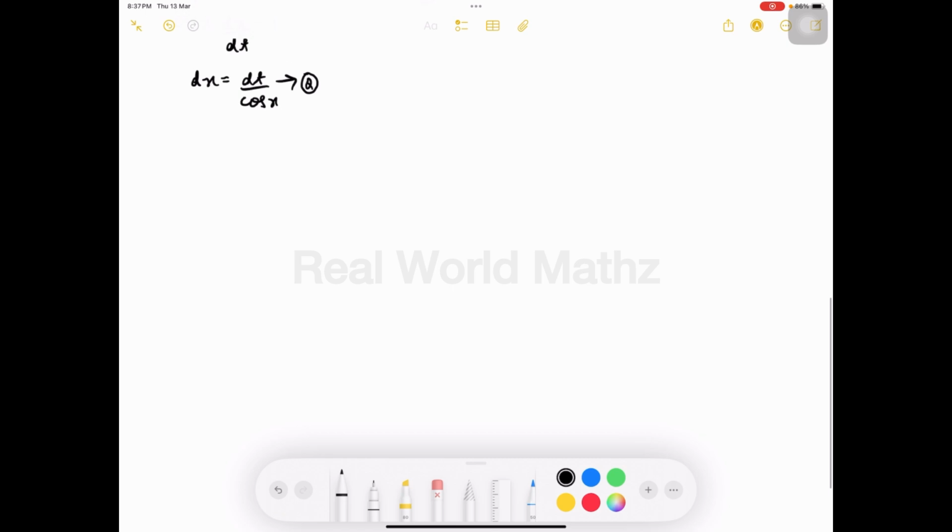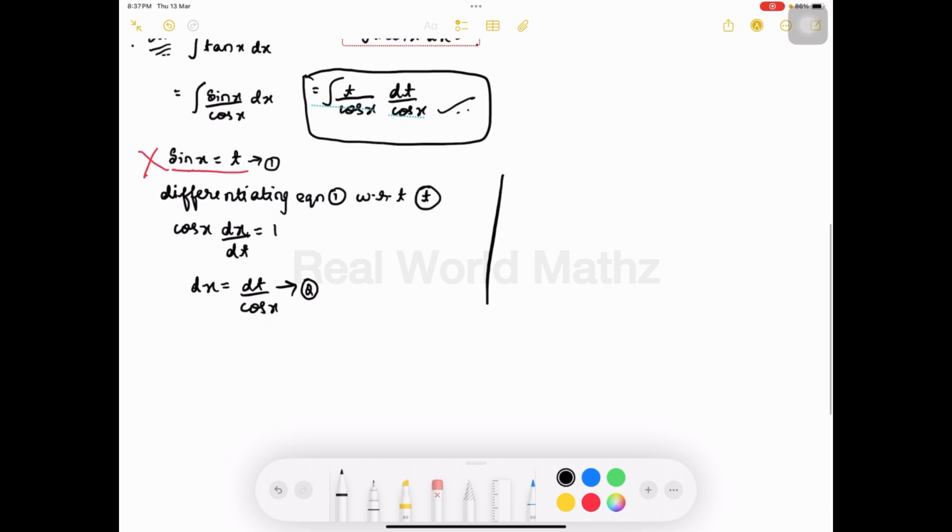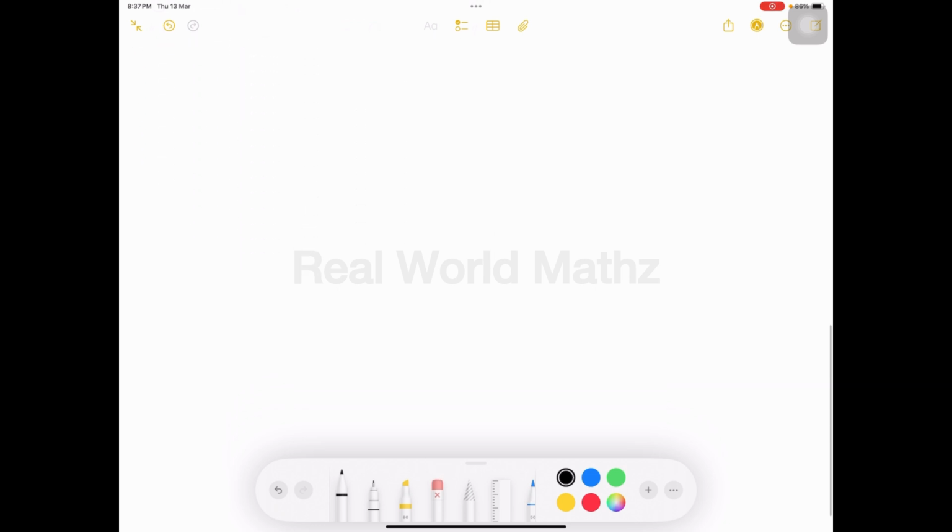This was the result which we saw in the case of sin x substituted as t, which means that sin x cannot be taken as t. Now let me show you using cos x. So let cos x be equal to t. I'll consider it as equation number 1. Clear?